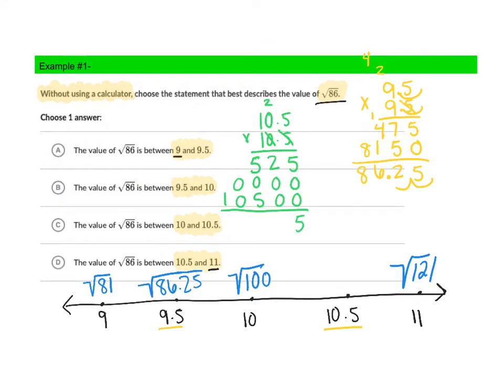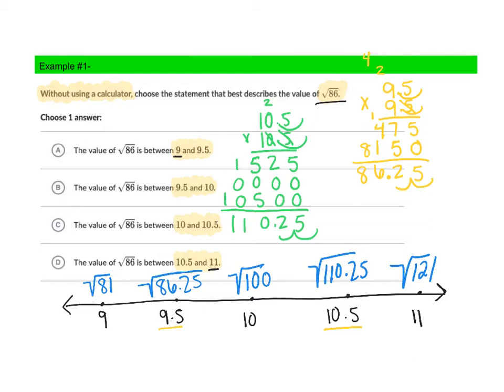Add it all up, and find my decimal placement. 2 spaces in. And so the perfect square that relates to 10.5 is 110.25.